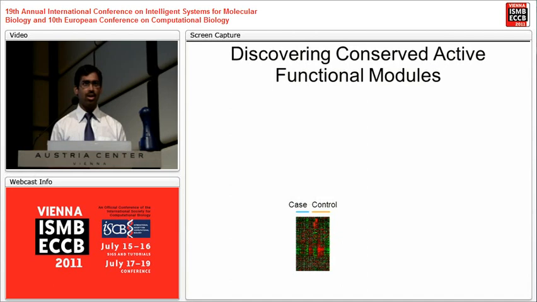A canonical problem in genomics is that we have a case versus control study, like in microarrays or GWAS studies, or several other types of studies. You have case and control, and you want to make discovery from that data. This is an age where massive amounts of genomic data are being generated, and we have genomic data for the same experiment in other species.